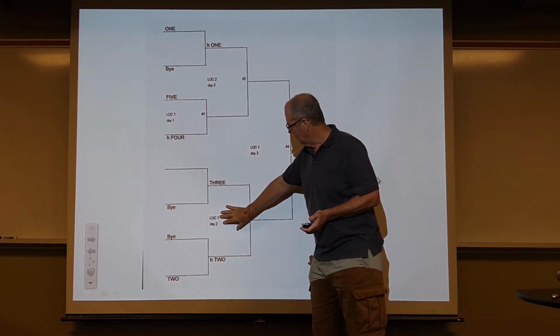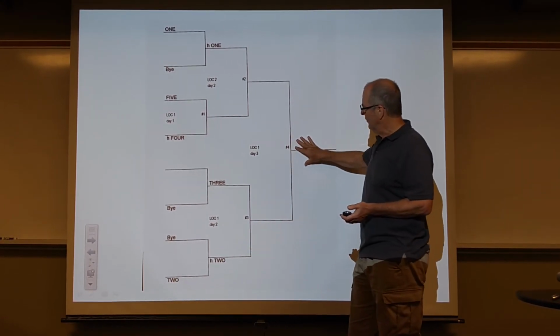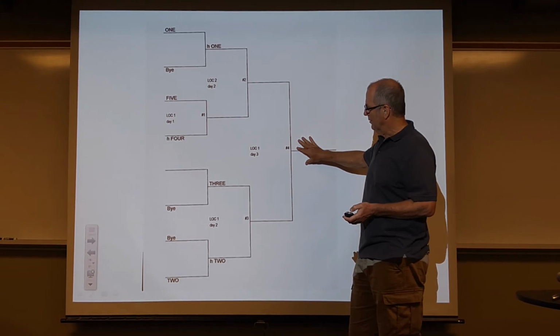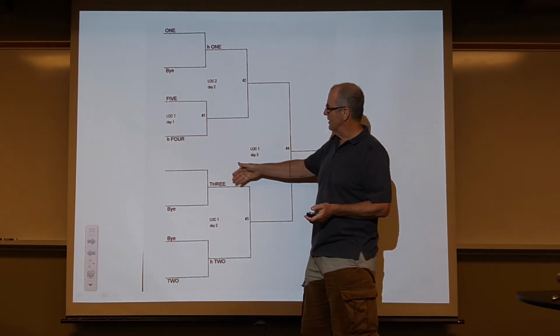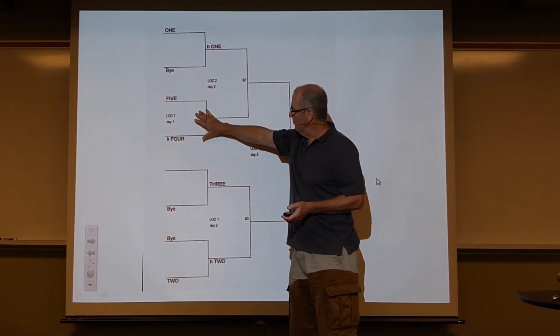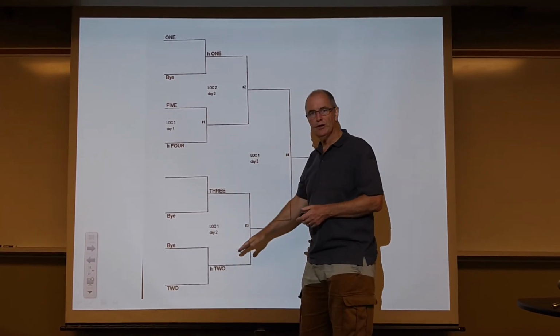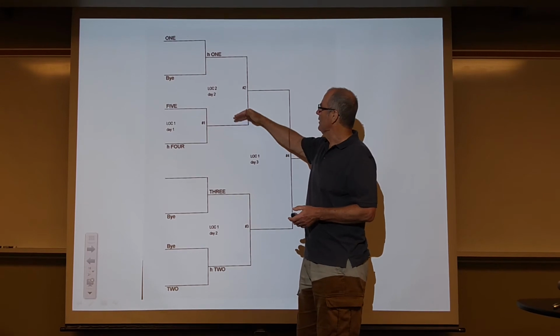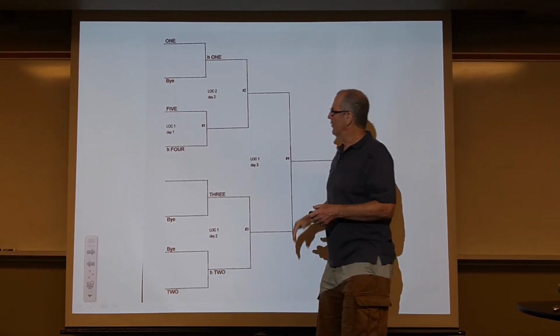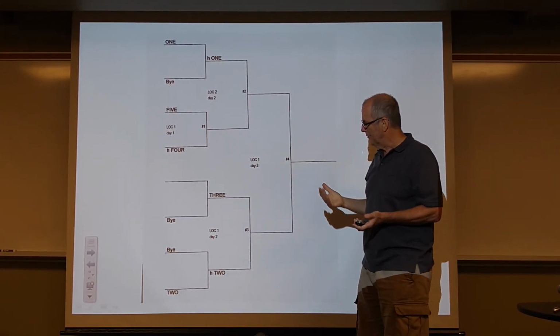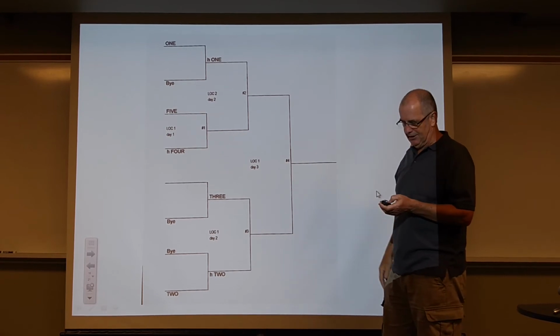And so this is going to be on location 1. And then obviously the final game would also be on location 1. So this is an example. Close game, only game being played, put them on the best field. We're using 2 fields here. The ones that are closest are going to get the best field. And the ones that are further apart, 1 playing 4, being 3 apart, will play on the second best field.